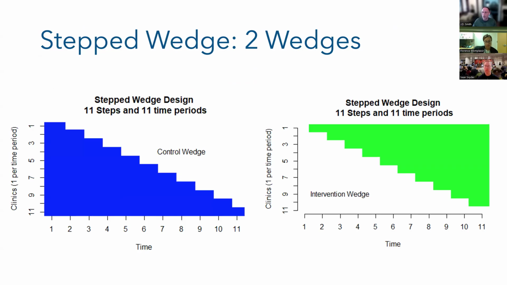So you have your control wedge data, which is everything under essentially the steps on the bottom left of a rollout design. You can also flip this, by the way, as you saw, it was inverted in the original Gambia hepatitis study example, but this is most commonly how we look at it. And then on the upper part, the top right, split by the steps, you have your intervention data wedge.